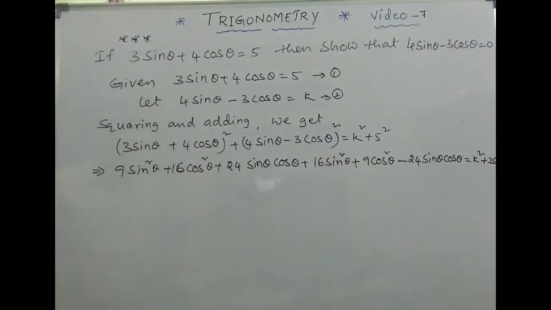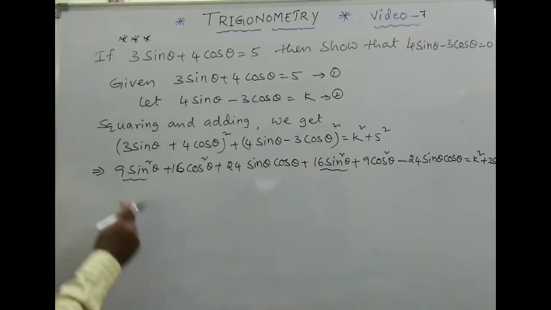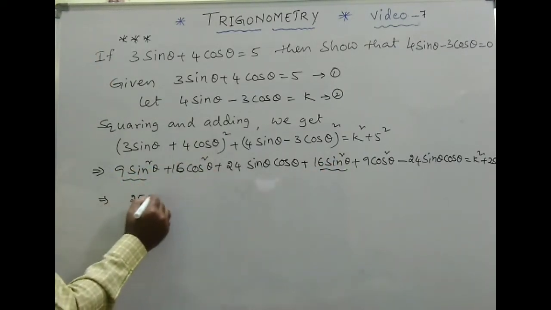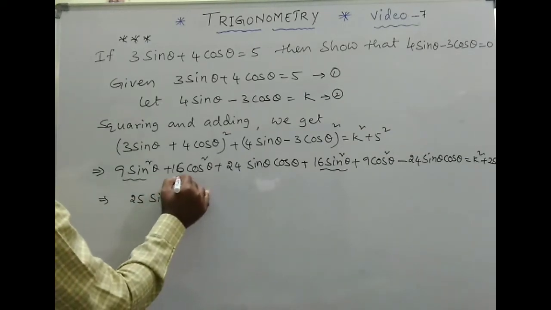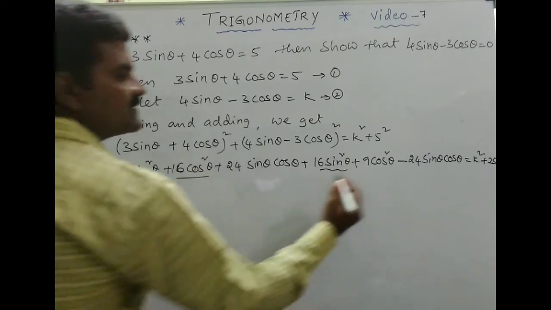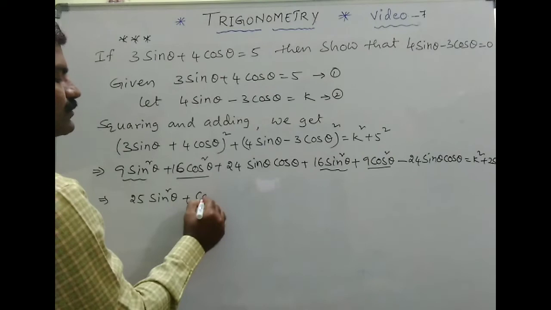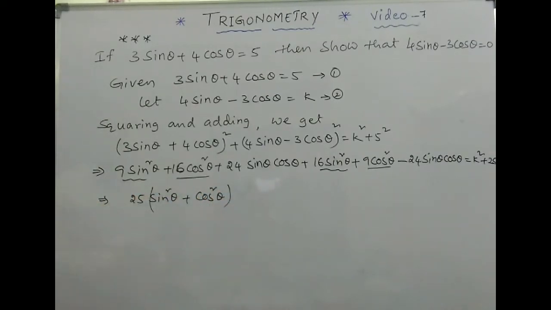Now see here, 9 sin square plus 16 sin square together is 25 sin square theta, and 16 cos square theta plus 9 cos square theta is also 25 cos square theta. So let me take 25 common from these two.